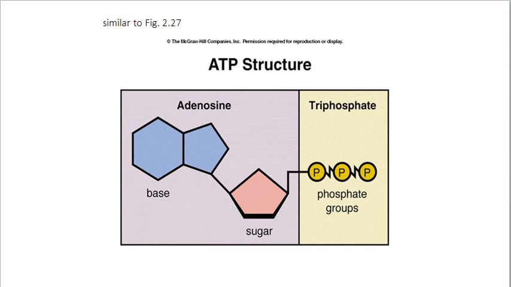Here's a simplified picture of ATP. In the blue is the nitrogenous base, then the 5-carbon sugar, and 3 phosphate groups. It's adding or releasing that 3rd phosphate group that allows the molecule to store a lot of energy. Don't worry about the fact that the nitrogenous base is on the left-hand side here. They just simply rotated the molecule for this picture.